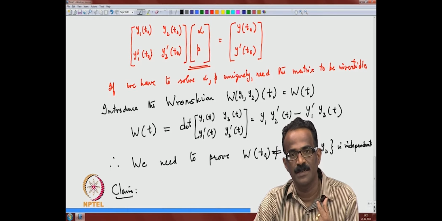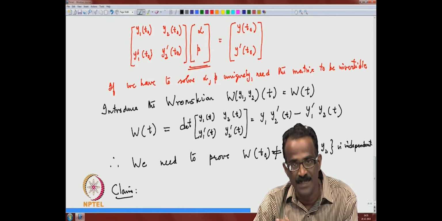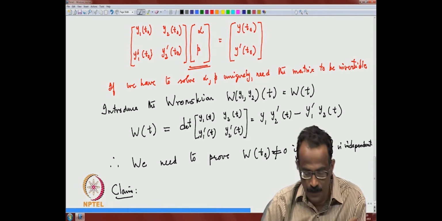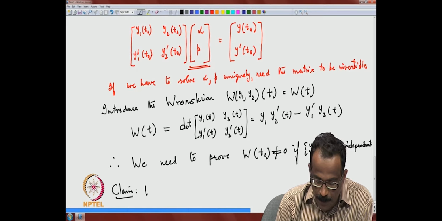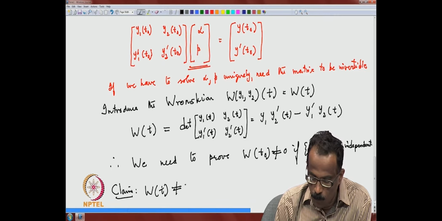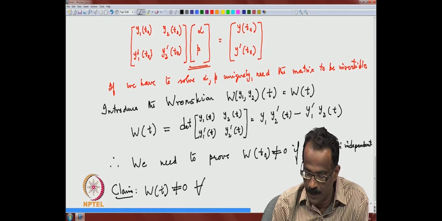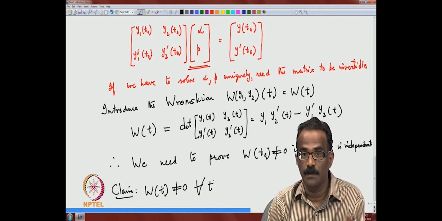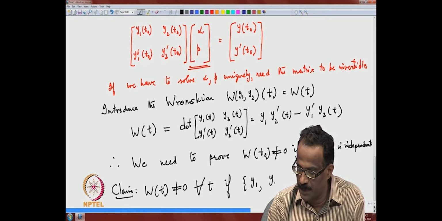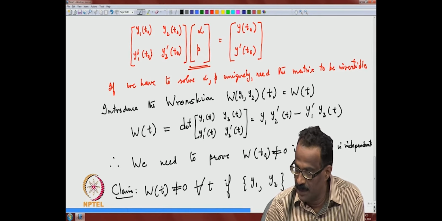In other words, W(t) will be either identically 0 or never 0. So the claim is W(t) is not equal to 0 for all t together, not just at t naught.